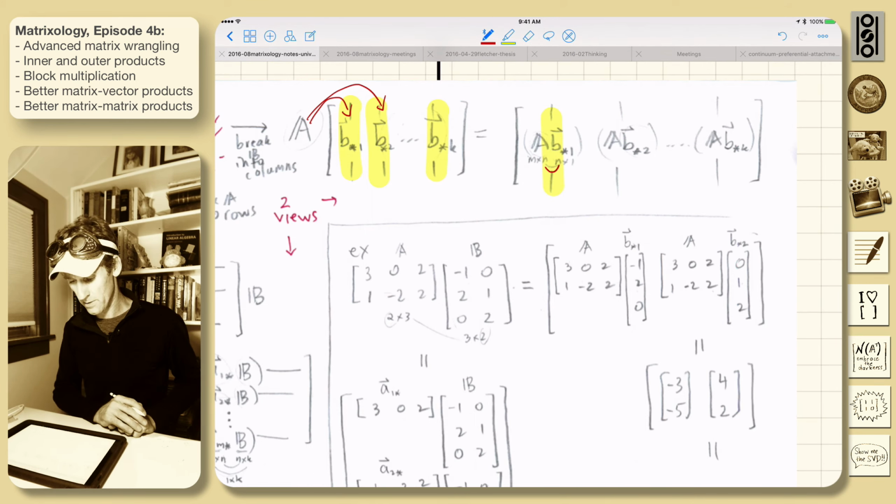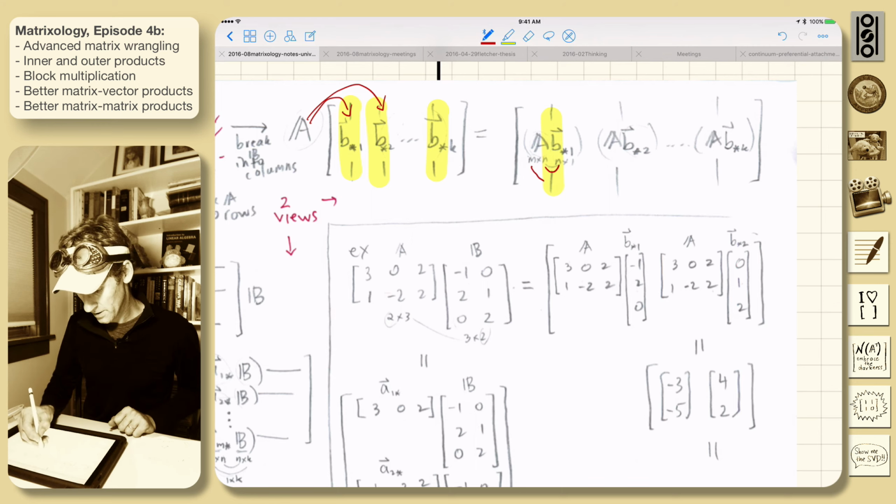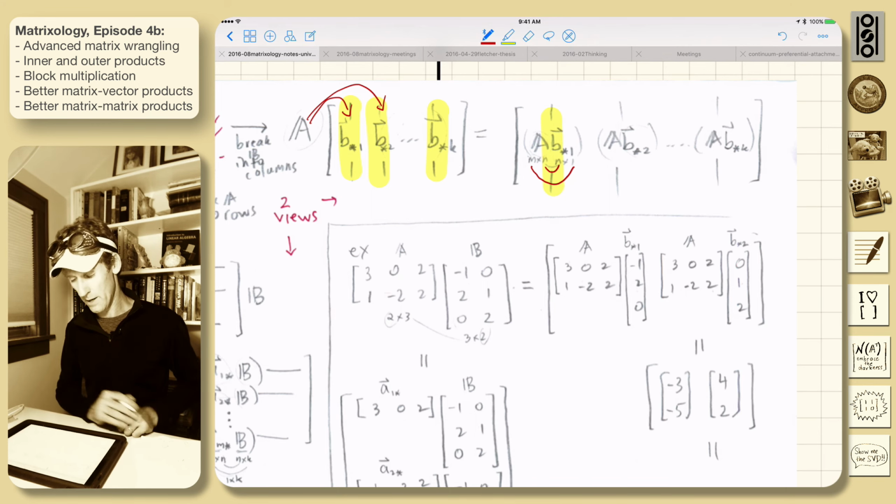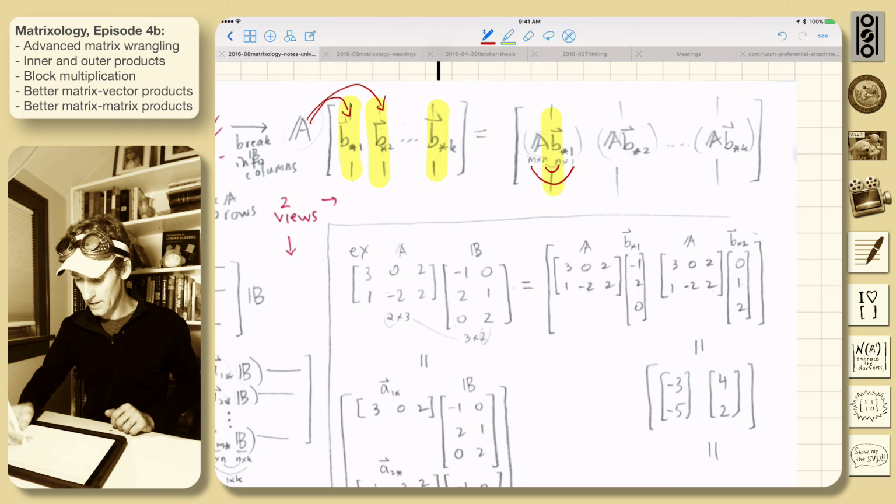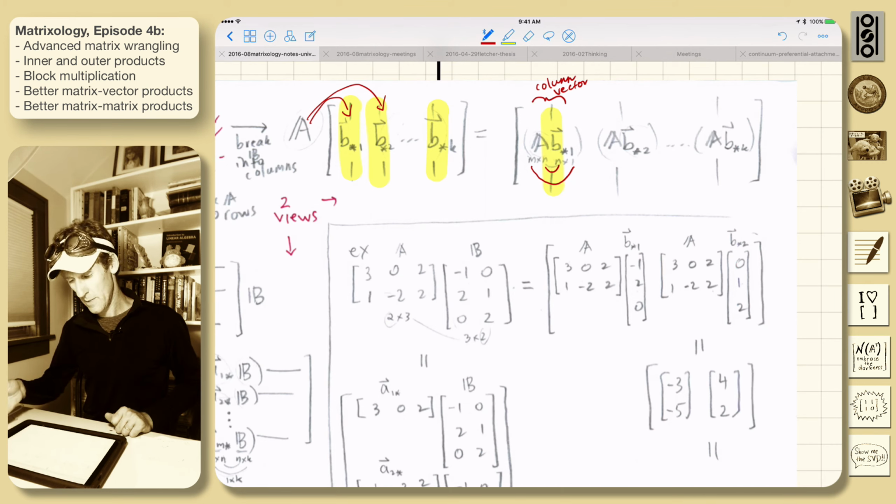They have the same inner dimension, n and n, and then they have m by 1. That's the resultant thing. So this is a new column vector. The whole thing is a column vector. And then that's the same for all of them.